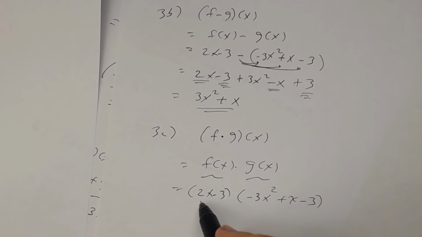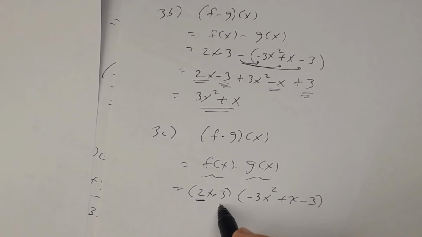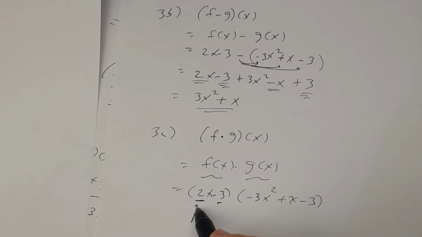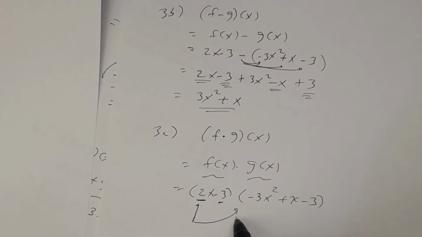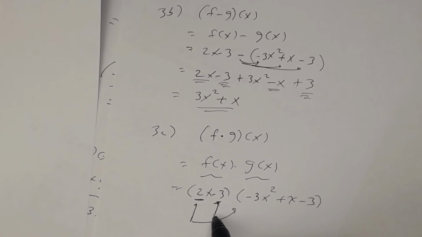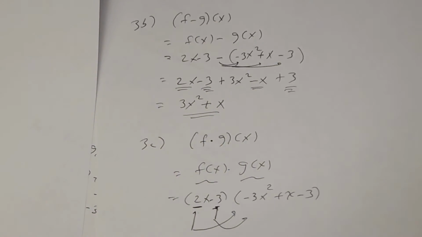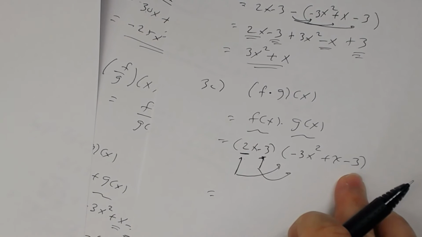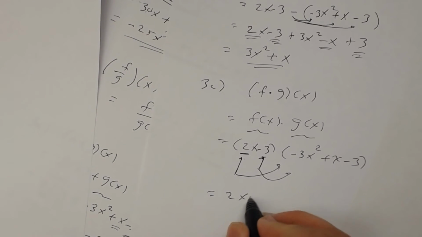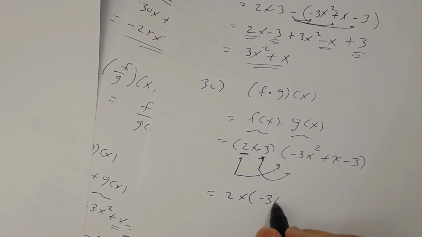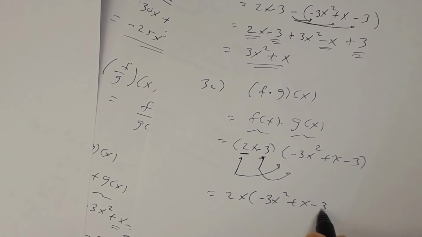So basically what you're going to do, if you remember your lesson, is take each term of the first polynomial and multiply by the second. So each term multiplied by the second. First of all, it's going to look like this. You're going to say 2x times this second polynomial, so 2x times this whole thing, negative 3x squared plus x minus 3.